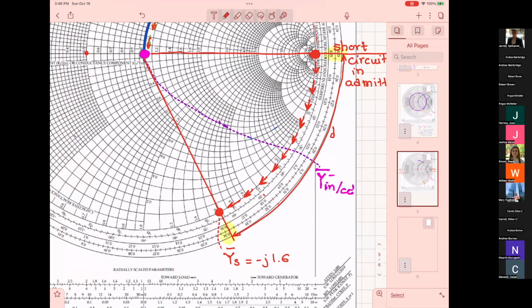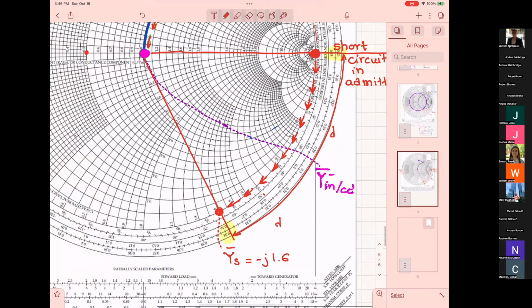This is D. How do I find D? I will subtract from 0.338 where I started, 0.25. And that is in lambda, which means that D then is going to be, 8 from 13 rather, is 8.